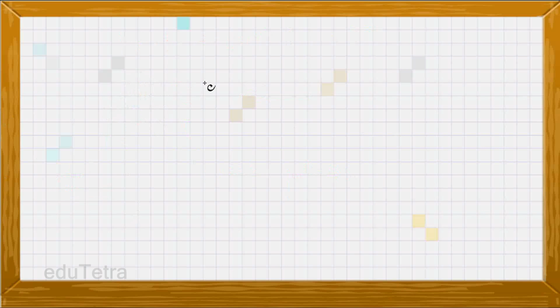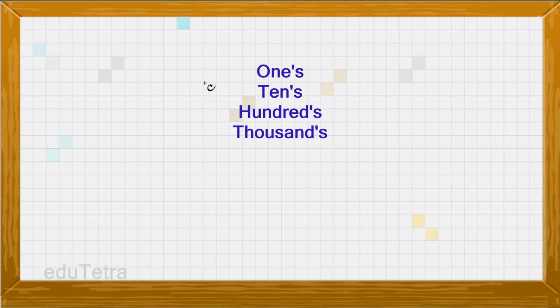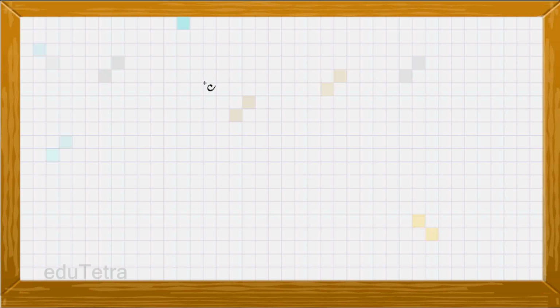So the place value starts from the rightmost position and it starts with ones, then tens, hundreds, thousands, etc. So let's look at a 3-digit number, say 123. We look at the number from right to left.